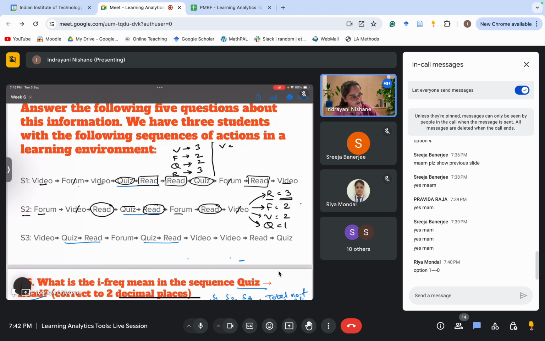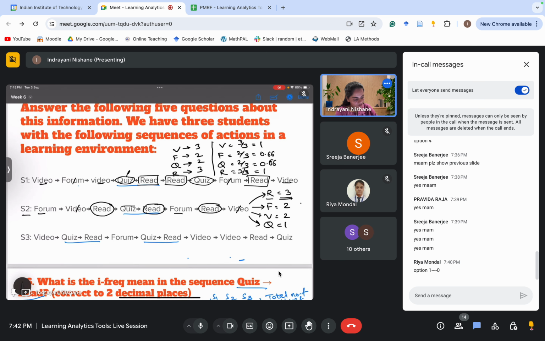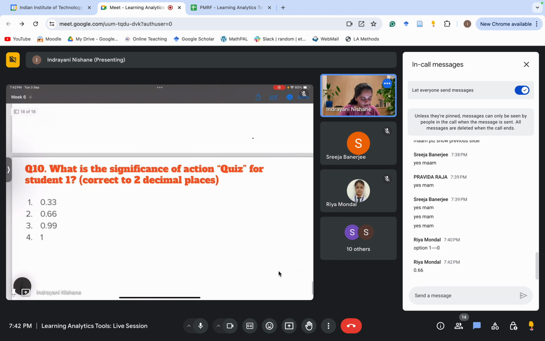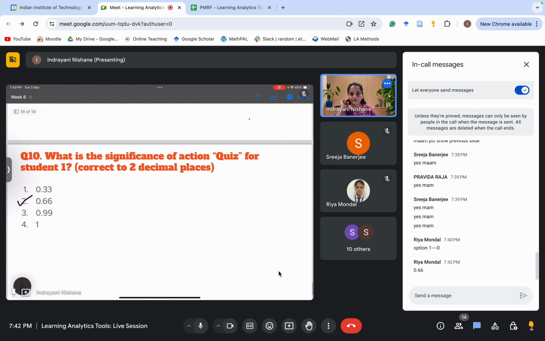For video it will be 3 by 3, for forum 2 by 3, for quiz 2 by 3, and for read 3 by 3. That is 1, 0.66, 0.66, and 1. We were supposed to find the significance for quiz, which is 0.66. So let us check if 0.66 is part of the options. Yes.